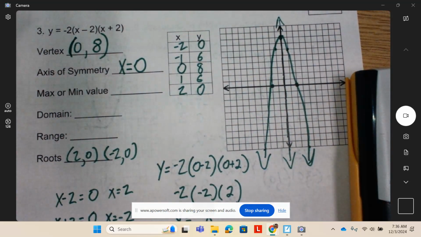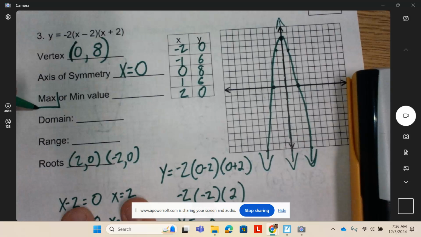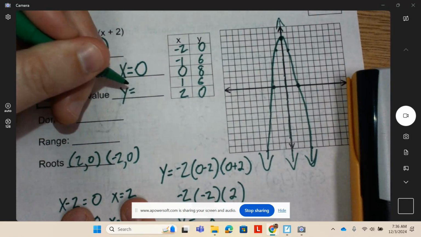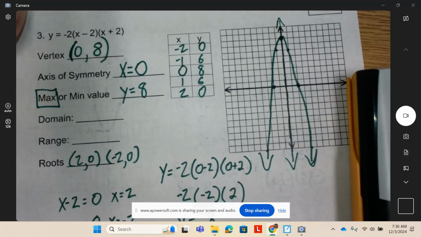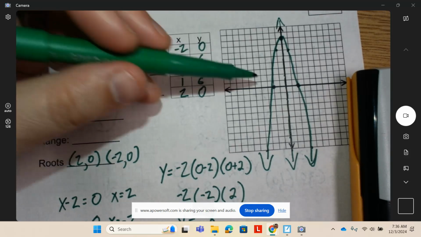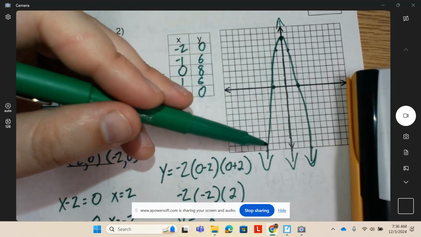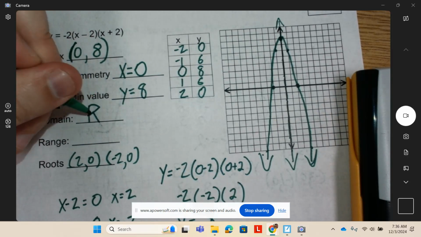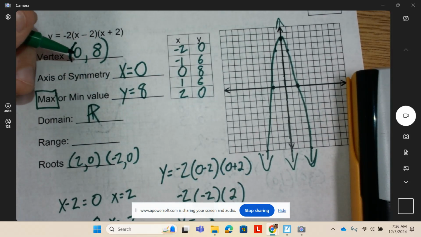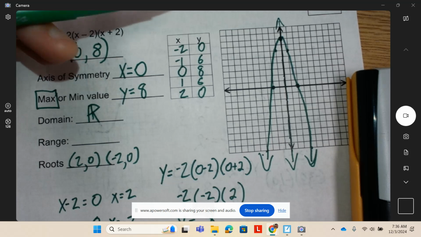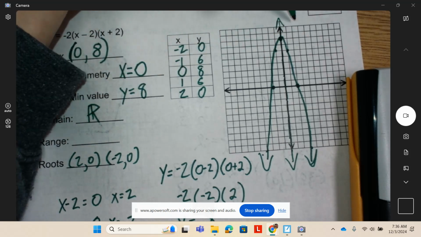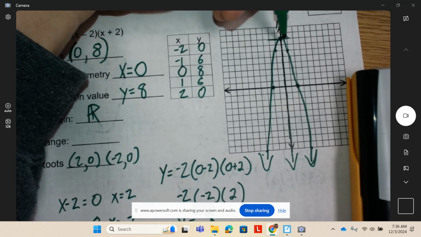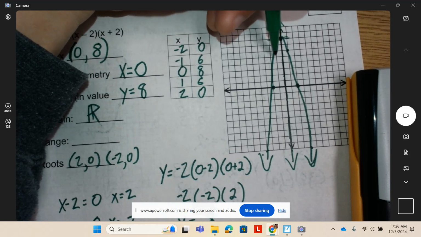So looking at our maximum or minimum, we have a maximum where y is 8. And my domain, as you've probably already noticed here, again, I hit 2 arrows. So my domain, once again, is going to be all real numbers. And my range, now I'm looking, I don't have any up at the very top here, but I have a point where I hit y values starting here at +8.